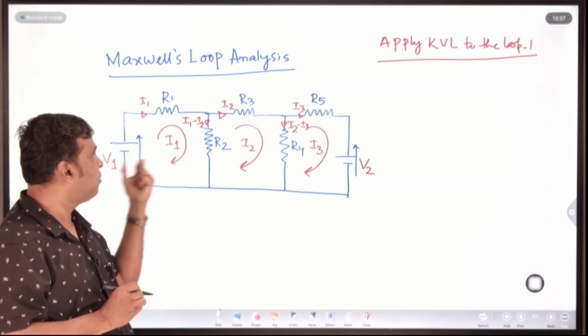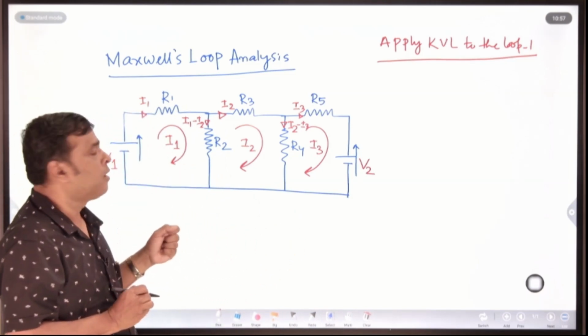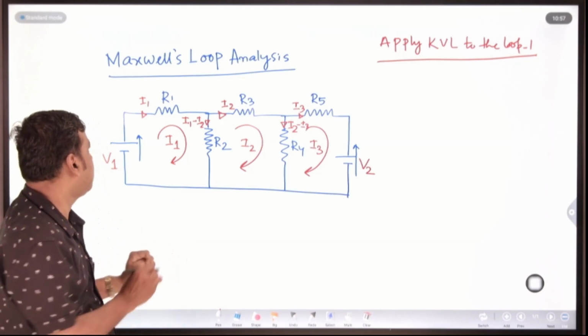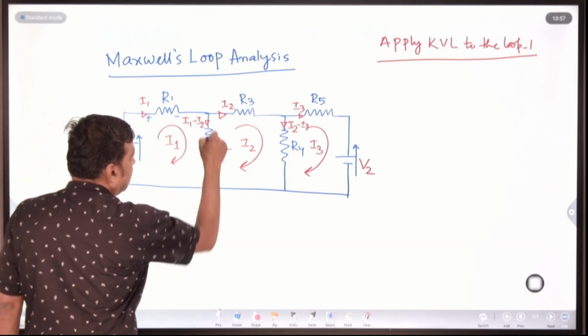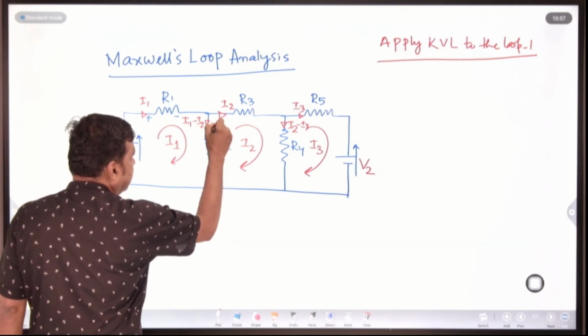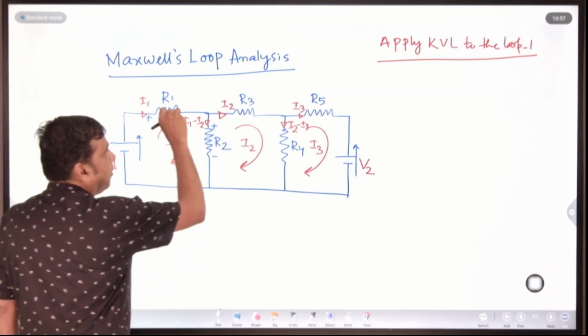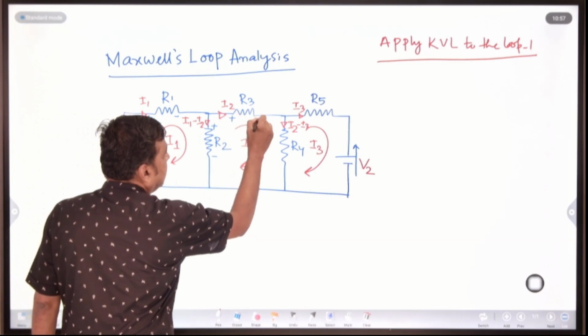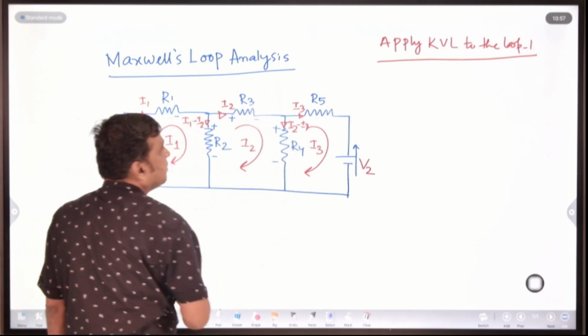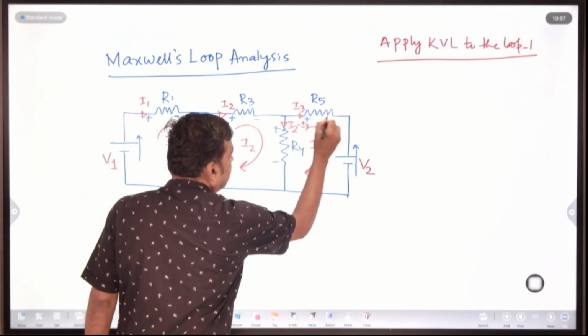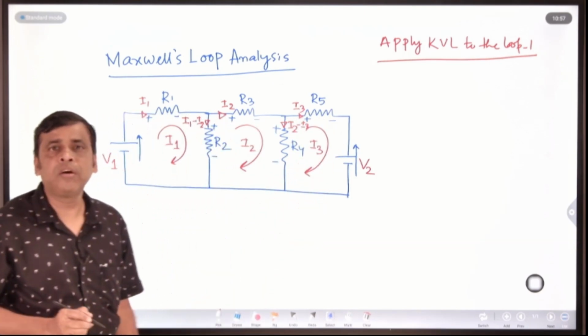If we move from minus to plus, then we will consider plus. Here the entering end is plus and the leaving end is minus. The current entering this branch, this is plus and this will be minus. Similarly, this will be plus and this will be minus. Are you getting it or not?